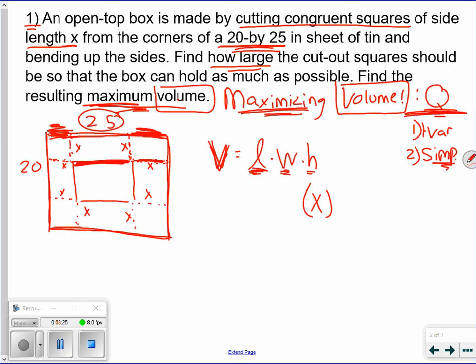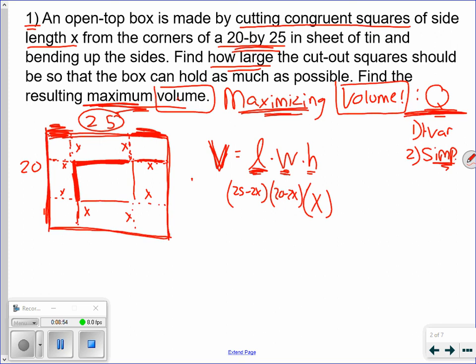And then I'll be left with the length of my box that I fold up. So length is nothing more than 25 minus 2x. And the width is going to be the same thing. The width of my box, if I were to cut out these little square corners, is going to be the entire 20 subtract 2 values of x. So this is 20 minus 2x.